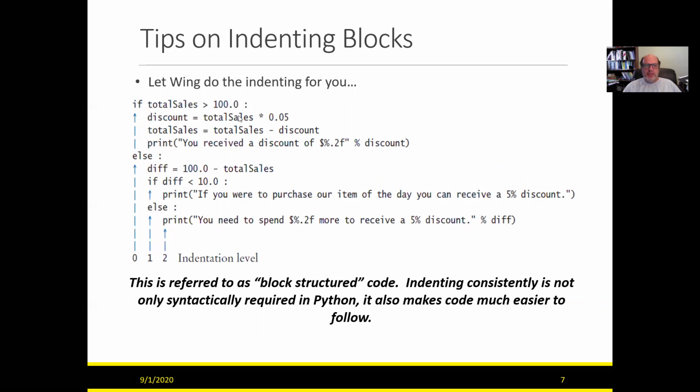If for some reason you have one here and they are not lining up over here, we're going to have a problem. It's not going to like it. Everything has to line up over here. This is the way we're going to do blocks in Python.